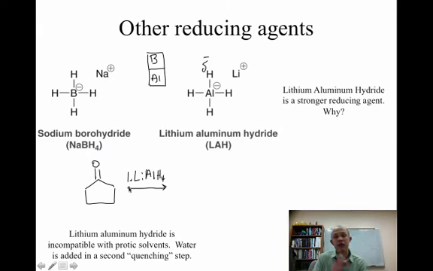And then we would generate an alkoxide, which would just sit there. And then after that reaction is done, in a second step, we would add water so that the net result would be the same, and we'd form the alcohol.